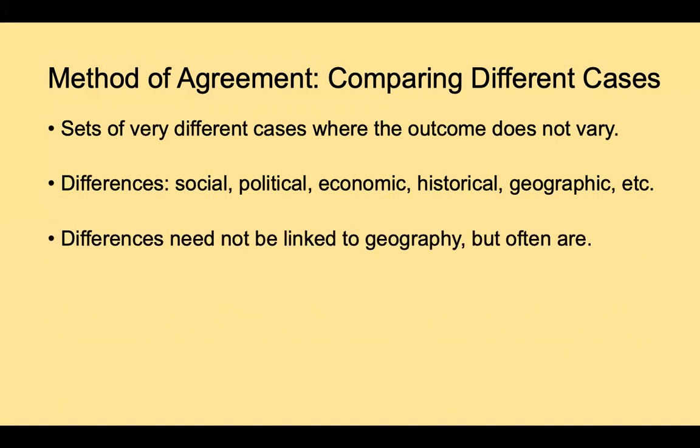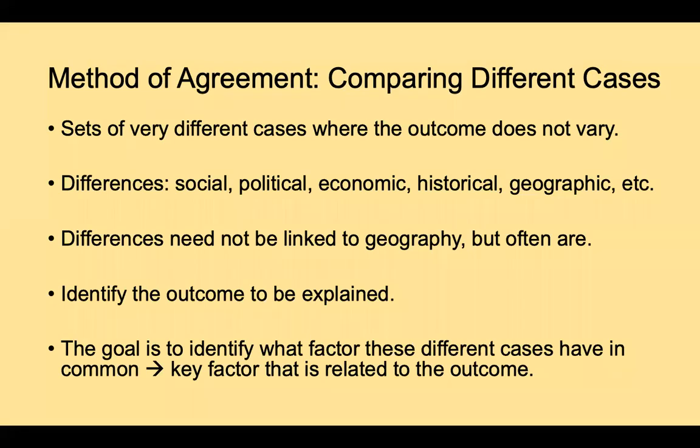The idea is that we identify the outcome to be explained, and then we try to identify what factor these very different cases have in common, despite all of those other differences. And then we investigate or suggest that this key factor is related to the outcome. So we're basically picking very different countries that agree in terms of the outcome so that we can study them for clues as to why they agree. And that clue has to be the same in both cases, because that would be the only way that it could explain the similarity in the outcome, despite all the other differences.